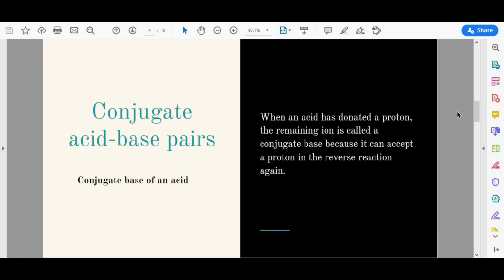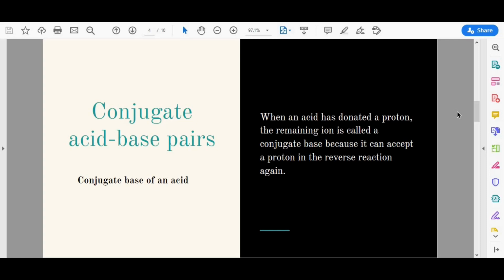So at the moment, based on that definition, you may not know exactly how that looks in terms of a reaction, which I'm going to demonstrate in just a second. Just track with me though: when an acid has donated a proton, usually an H plus ion, then we are left with a remaining molecule or a remaining ion, depending.